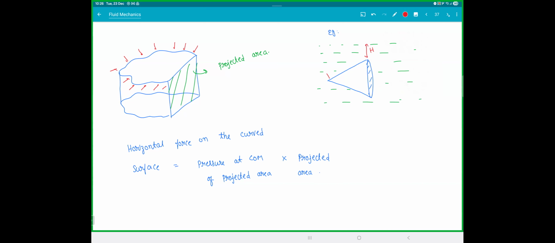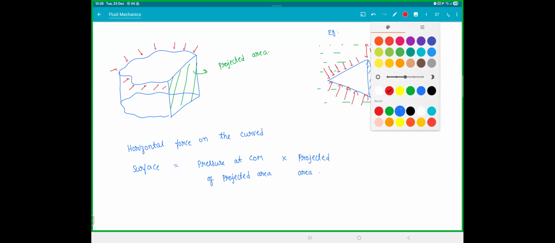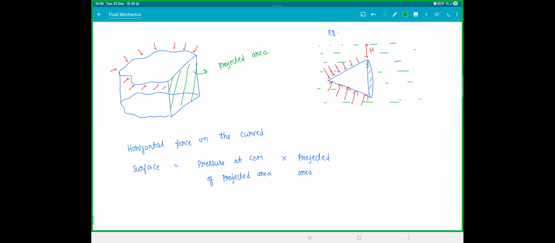If you look at the liquid here, this whole liquid is pushing this curved surface. Like this, the pressure is non-uniform. We don't know how the pressure is acting. The whole thing is messed up, right? Now, this entire force will have two components. So here, if you look at this area, this blue one, that's your projected area. And this would be the center of mass of the projection.